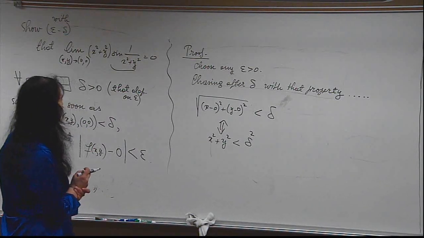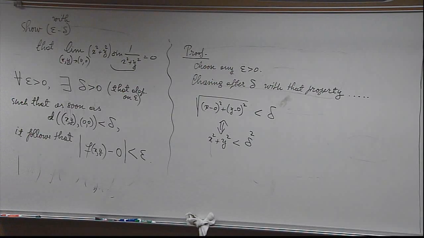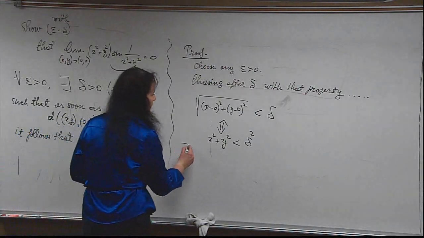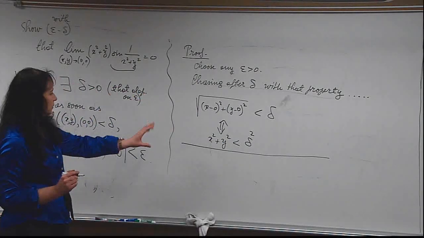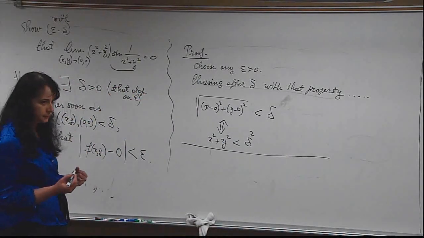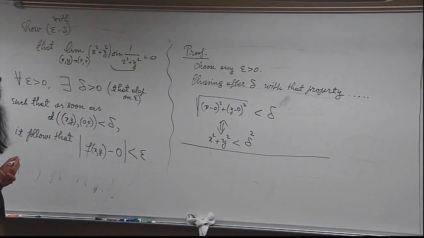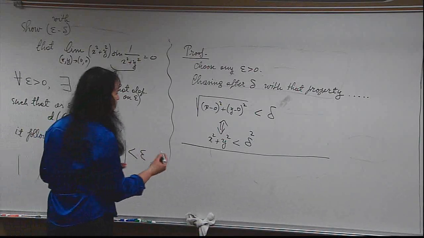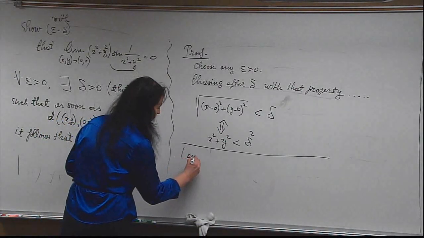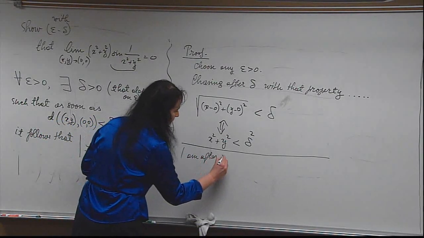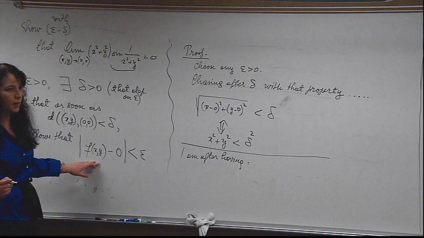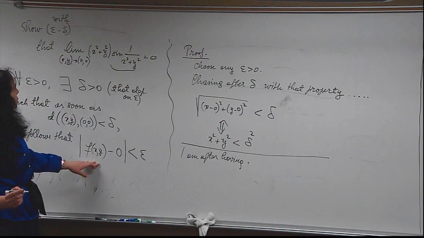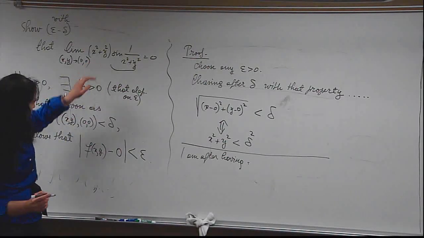And what do I want to do? What do I want to build? Well, so we are thinking how to set up all this frame, how to choose the delta. Okay, so what am I after? I am after having: f of (x, y) must be Mr. Ugly, this one.